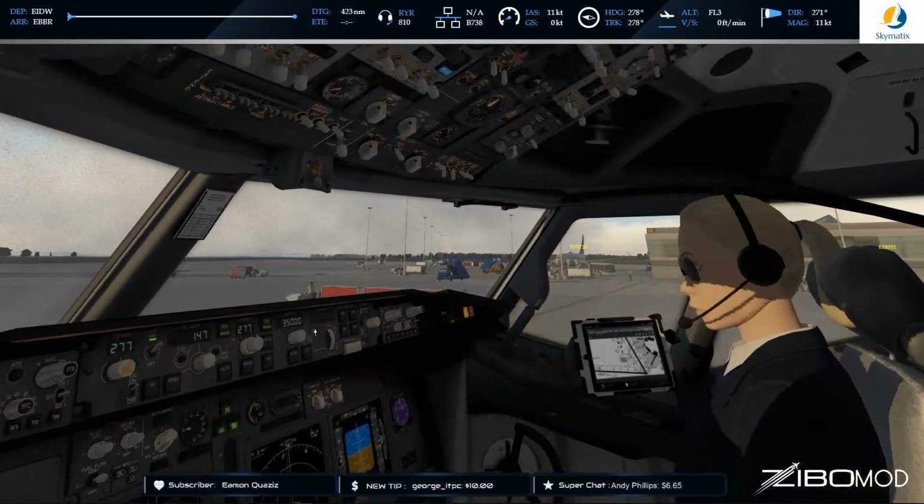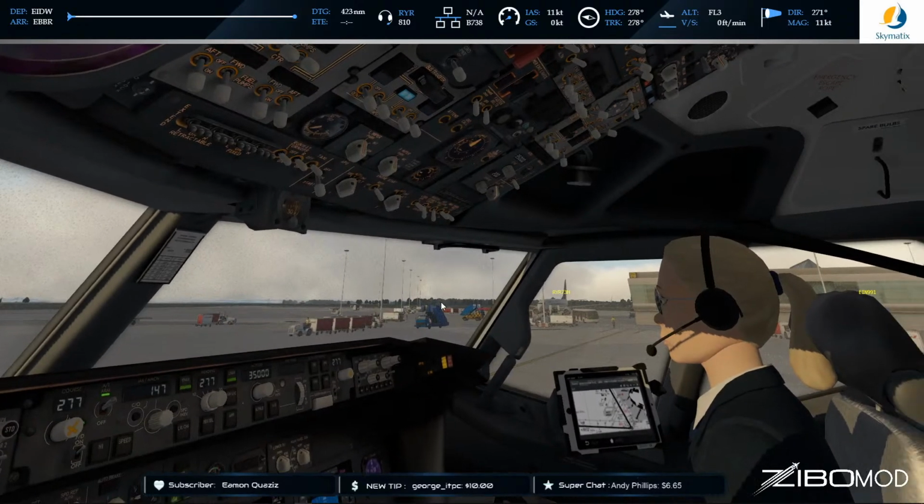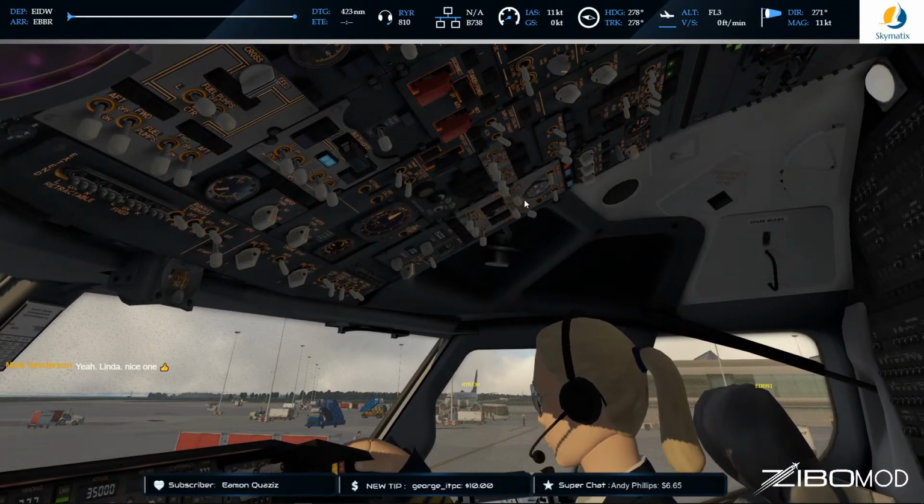Starter cutout. Engine start procedure completed. Tow is disconnected and bypass pin has been removed. Hand signal will be on the right.